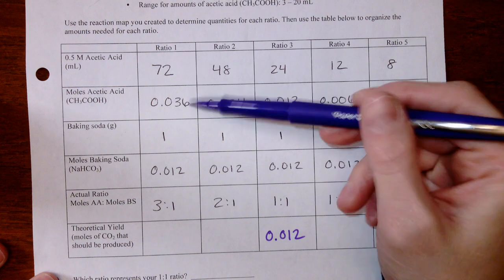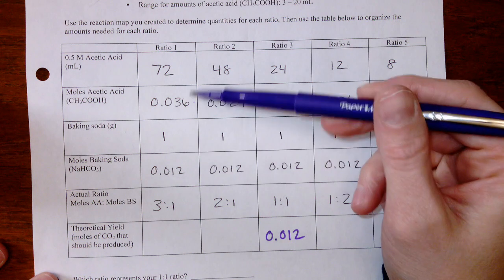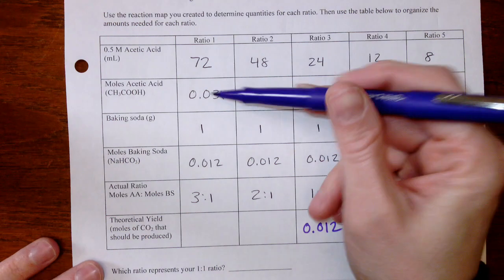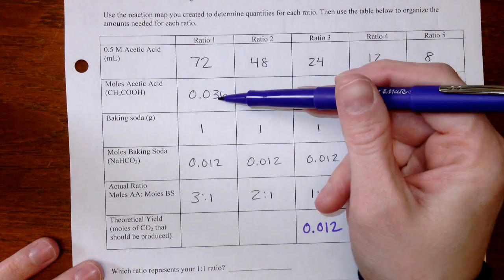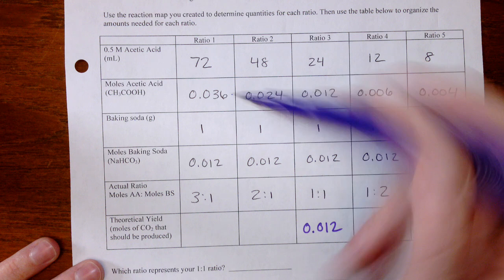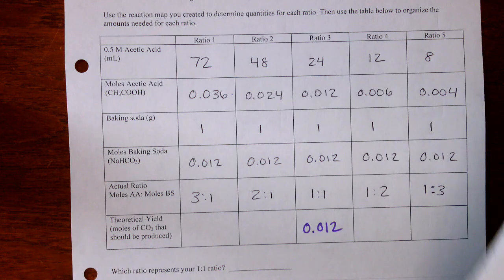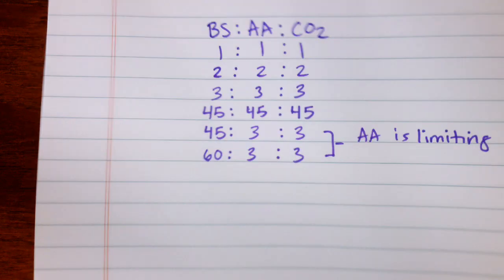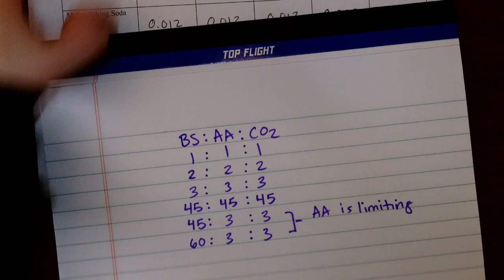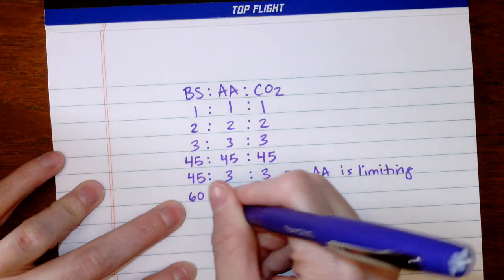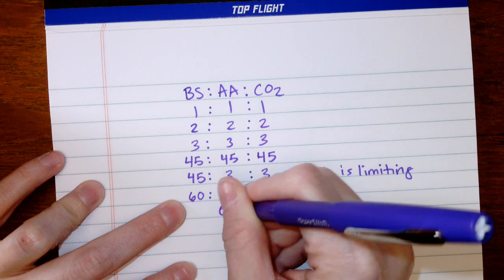If we are looking at one of these where we do not have a 1 to 1 ratio, so here we have 0.036 moles of acetic acid, 0.012 moles of baking soda. Okay, so if I put this in this setup here, rearrange some things. Okay, so moles of acetic acid, I have 0.036.